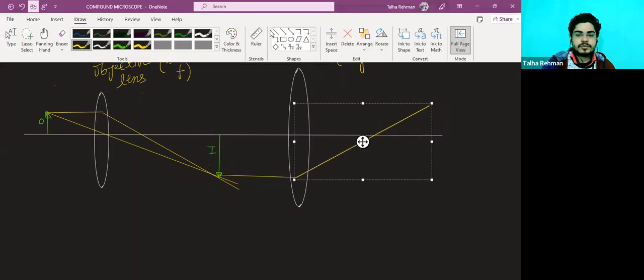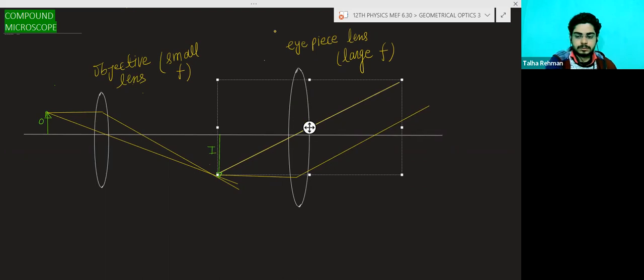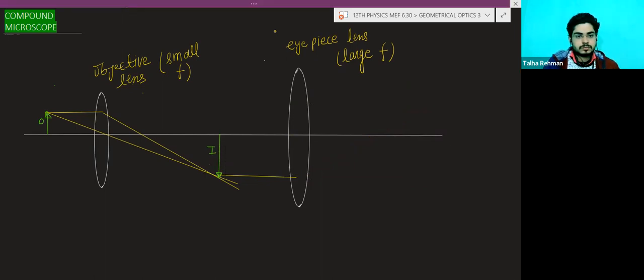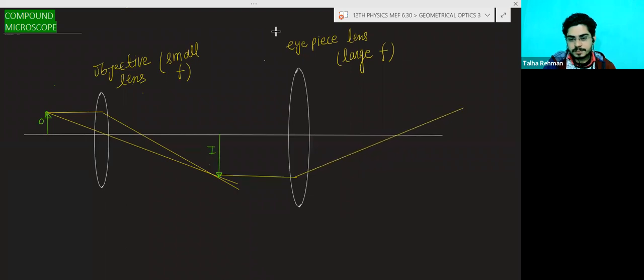And another ray from the object is passing through the optical center. Actually this lens is bigger, na? So the focus will be far from the lens like this.